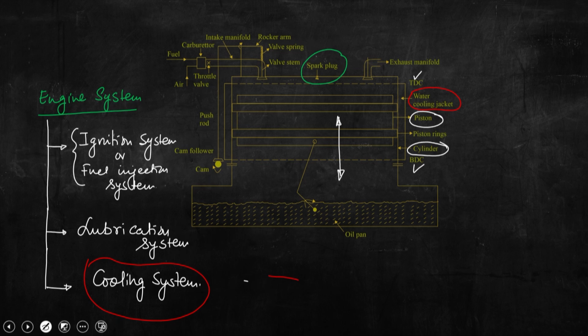If it is a water cooled engine, we need to supply water. If it is an air cooled engine, we need to supply air. Whatever the case may be, we are supplying, for example, water to reduce the temperature or to take a certain amount of heat away from the engine cylinder.